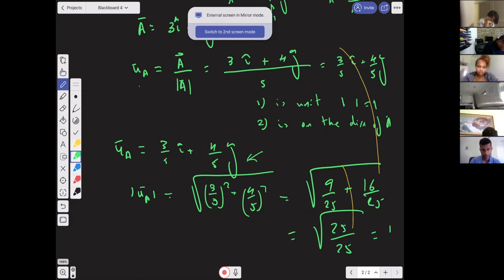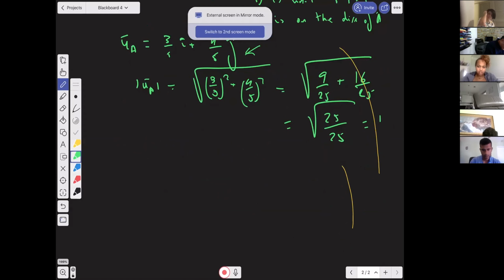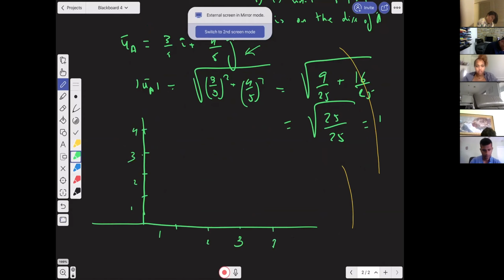Well, let's picture it. To make a good picture, okay, it's 3i. Let's go 1, 2, 3, and then 4: 1, 2, 3, and 4.